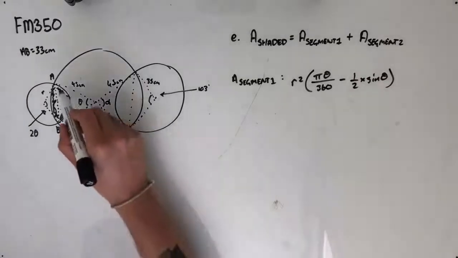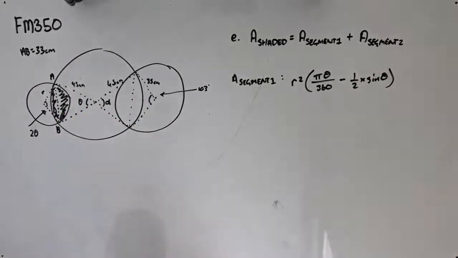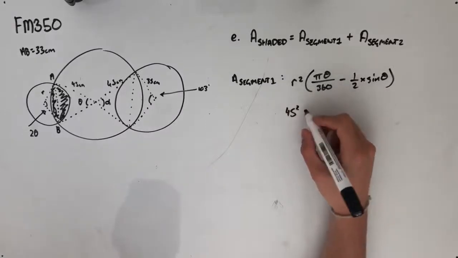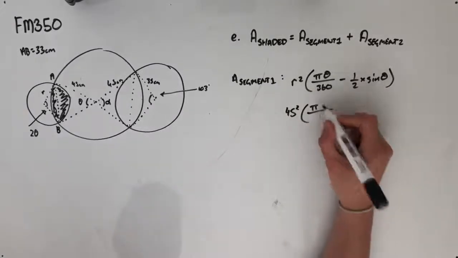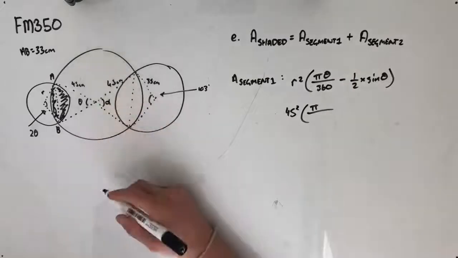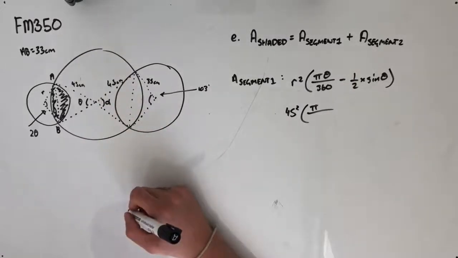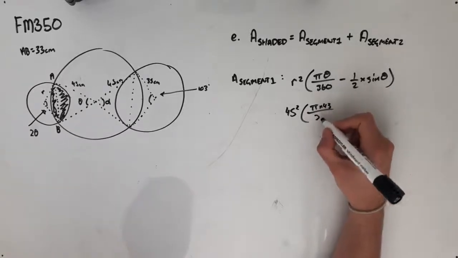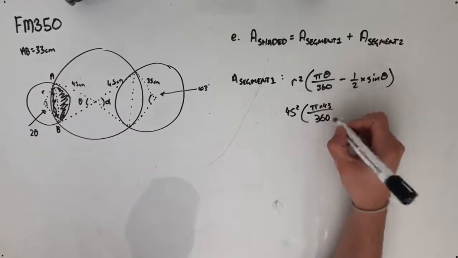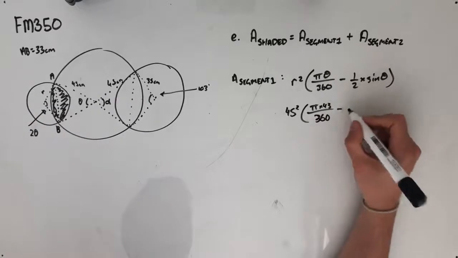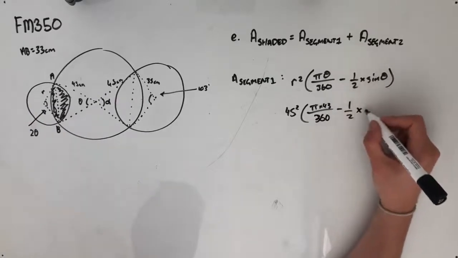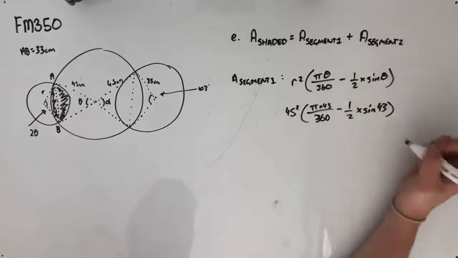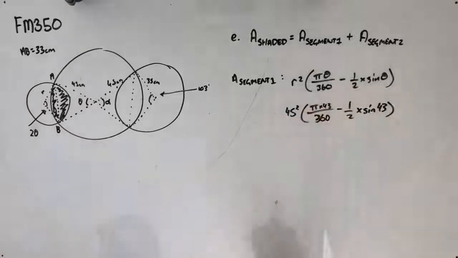Plugging in our values for this first segment here, we're going to have a radius of 45 centimeters, which has an angle here. We found theta before to be 43, so this is going to be times 43 over 360 minus 1 over 2 times sine of 43 degrees. So that same value of theta pops up twice, and that's our expression for segment 1.